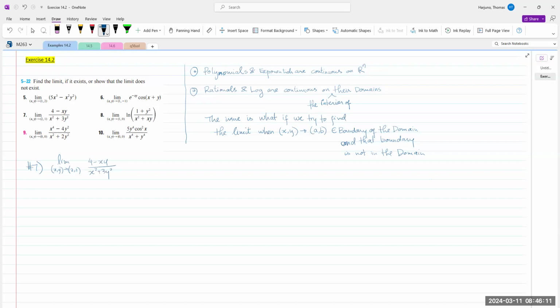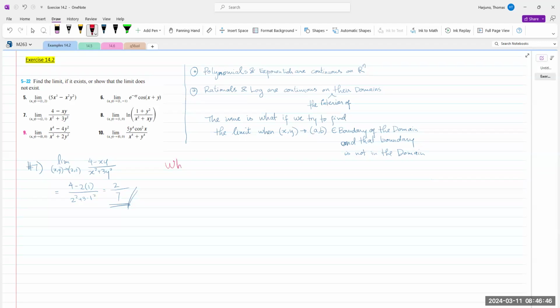You know that (2, 1) is in the domain of this function, so we just plug in numbers. That is 4 minus 2, that's 2, over 4 plus 3, 7. Actually the issue for number 7 is what happens if the limit approaches (0, 0), which I will discuss later on. But let's table that for now.